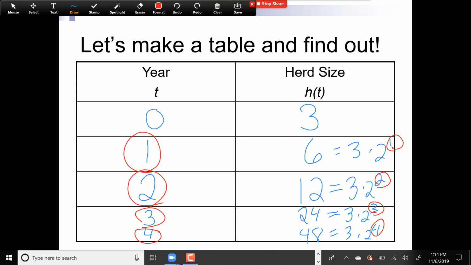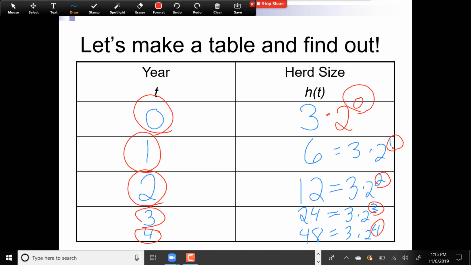But if you remember, anything raised to the 0 power is 1. So I technically could write in a 2 to the 0. We don't normally write it there because 2 to the 0 is 1, and 1 times 3 would just be 3. But I technically could write in times 2 to the 0, and then this 0 would match the year right there.